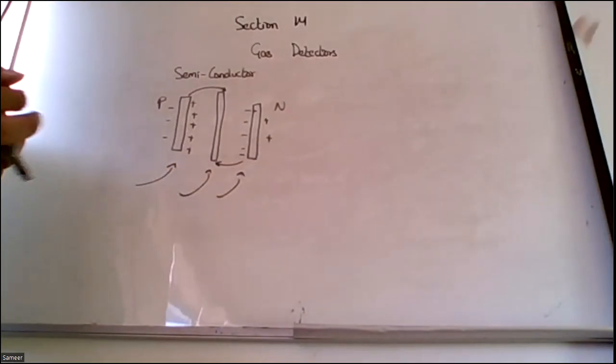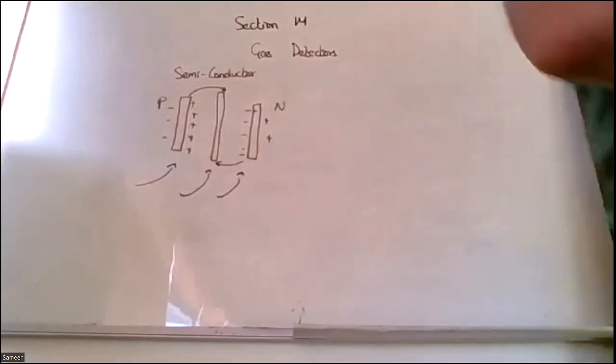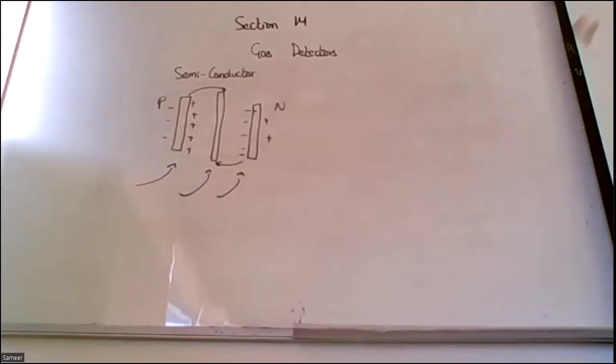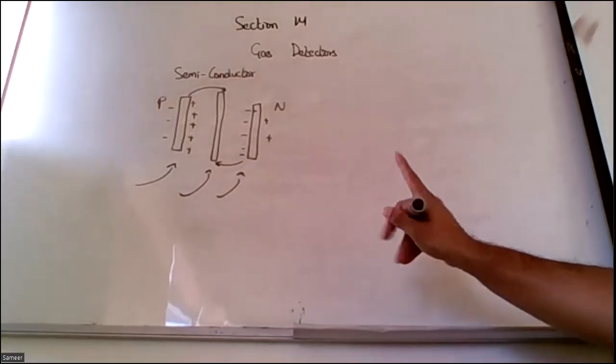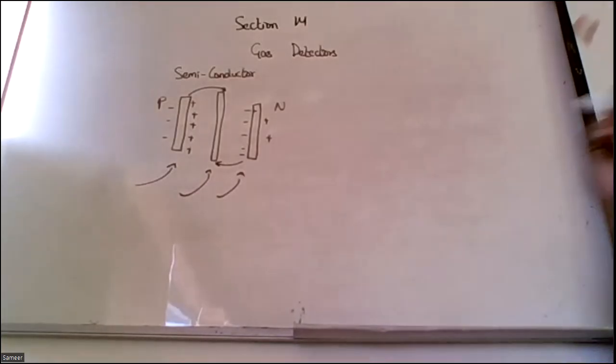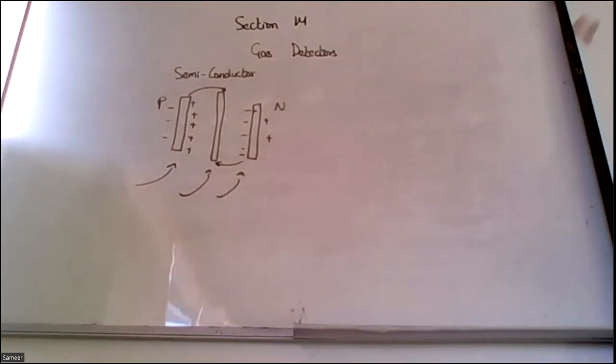So from here we can detect that gas is available in the atmosphere. When a gas enters, there's a current deviation. A small current variation explains that there's a gas available in the atmosphere. The higher the current variation, the more concentrated the gas.